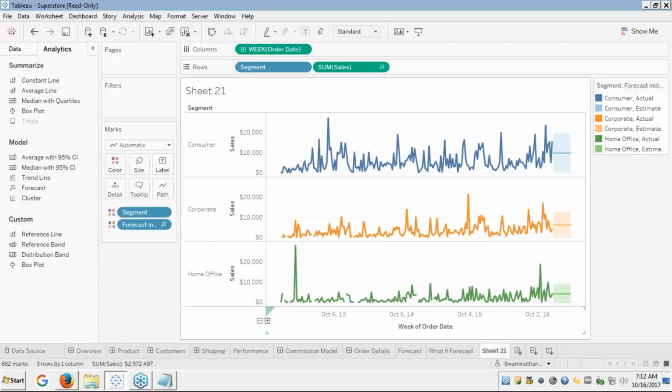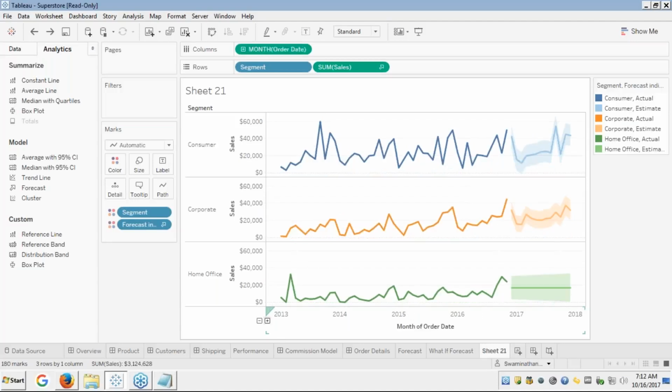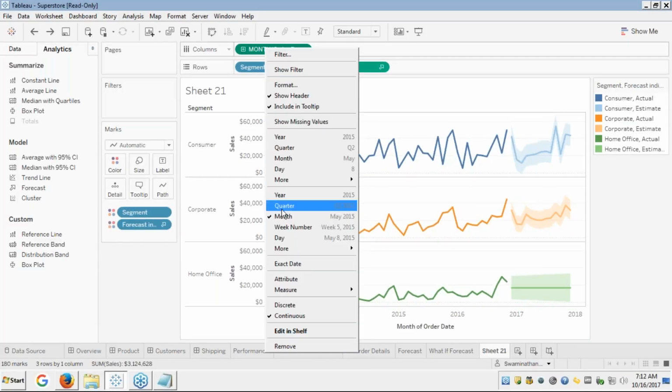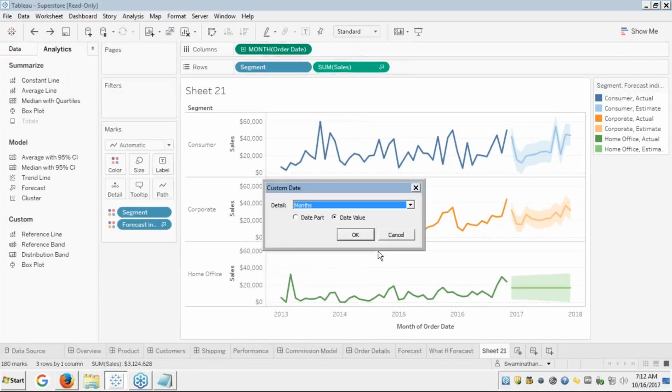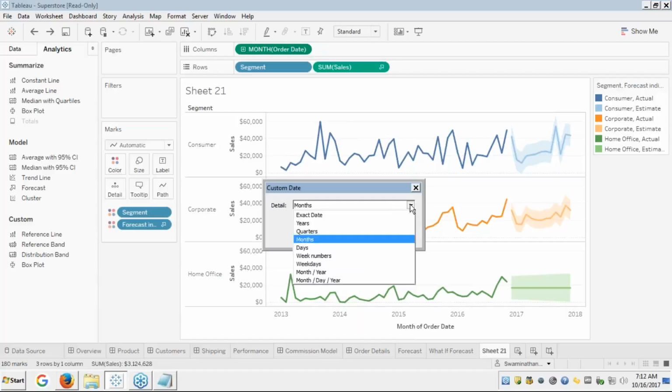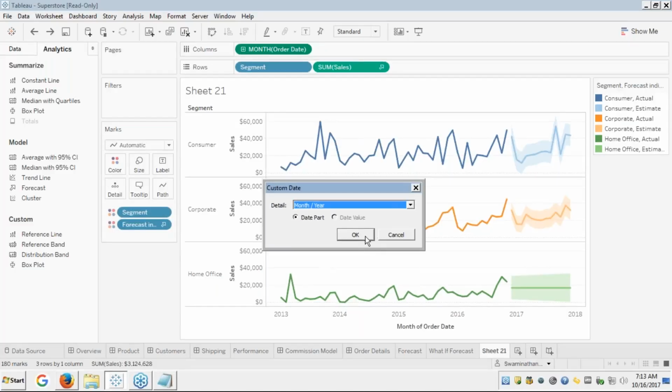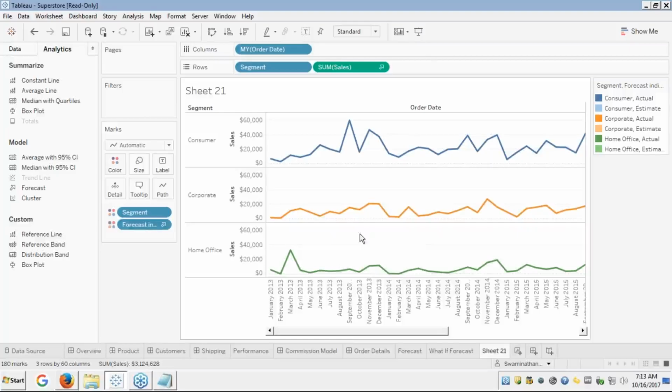So in order to change the layout here or make any changes, you can right click here, where you selected a month, right? And you can select the custom format here. For example, if you want the date to be month/year or something like that, you can click on OK. And now can you see?